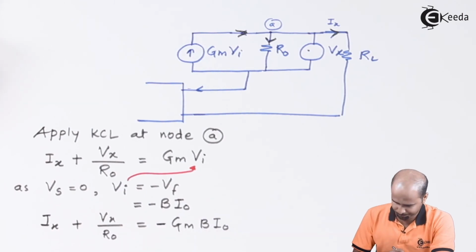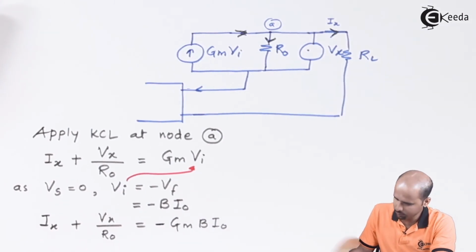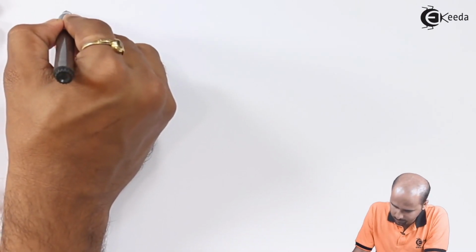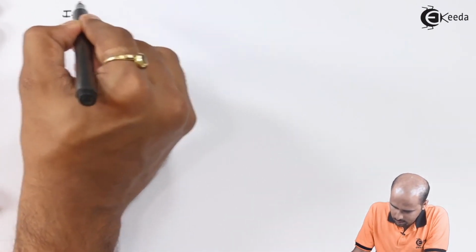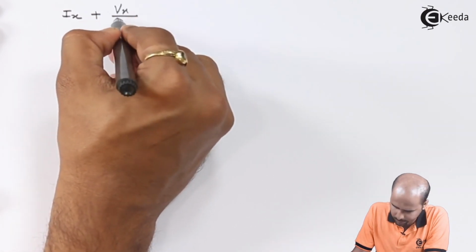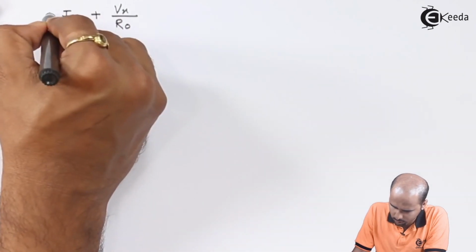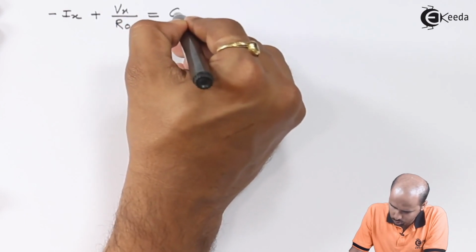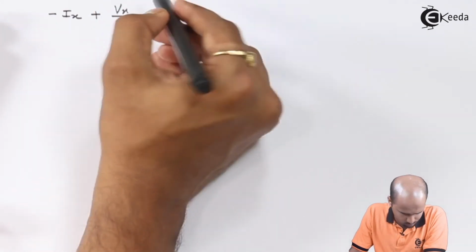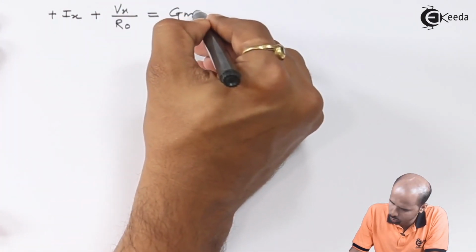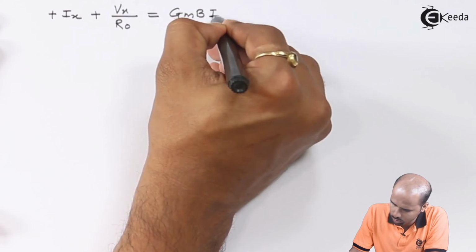Okay, so let's start with the calculation of Vx and Ix. By solving this particular equation, we'll get to know the value of Ix plus Vx divided by Ro. Here we'll be getting minus Ix is equal to, oh no, it's a plus Gm into B into Ix.